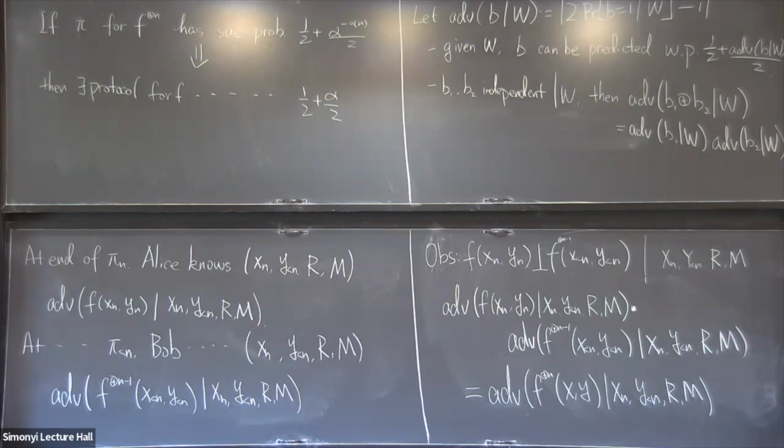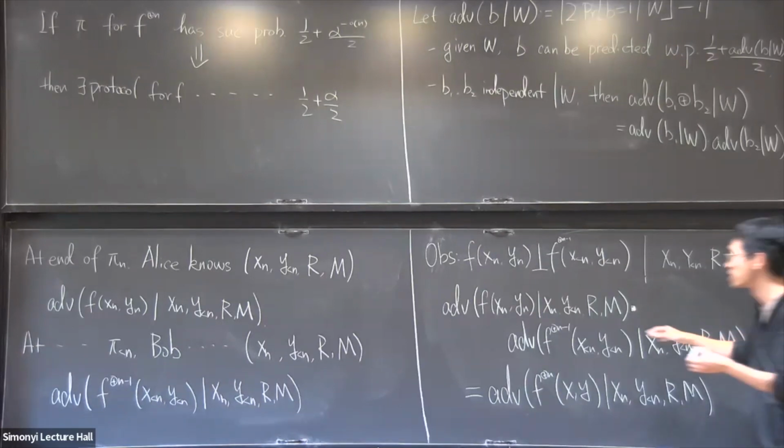First note that this equality is actually a pointwise equality, meaning that for any given value of this quadruple, the product of these two advantages is equal to the advantage of the last thing. But when we talk about the advantage of a protocol in general, what we actually want is the expectation, the expected value of this quantity.